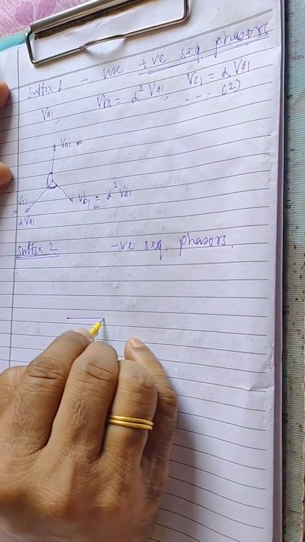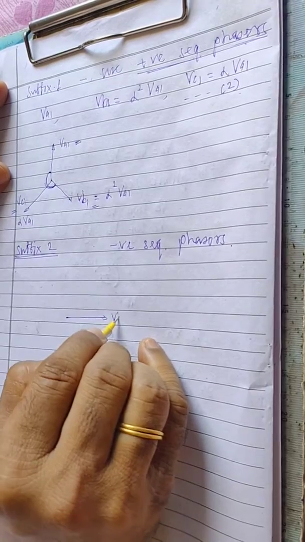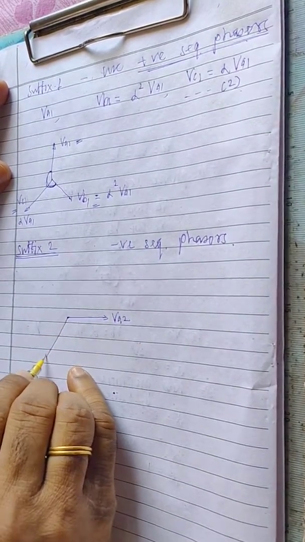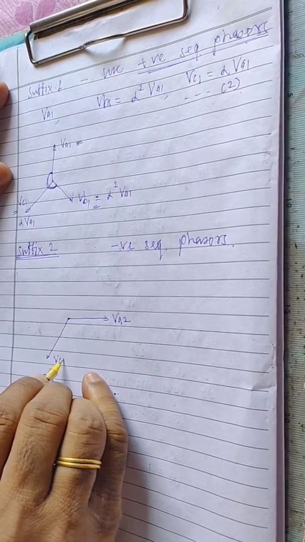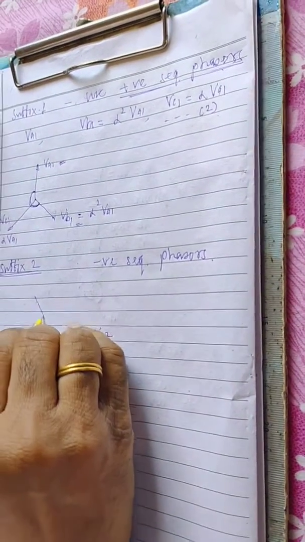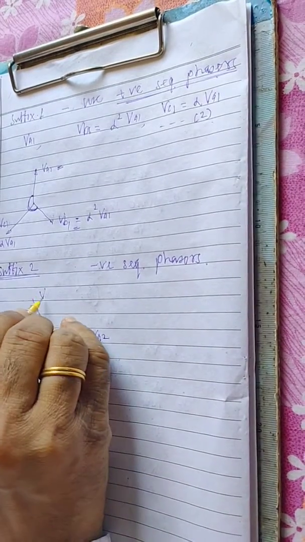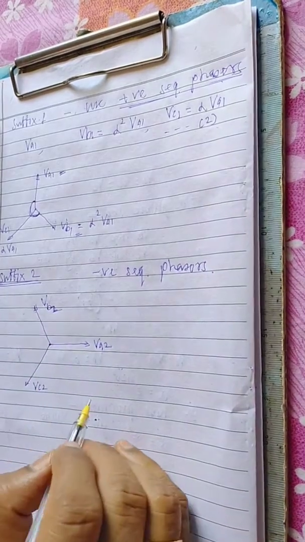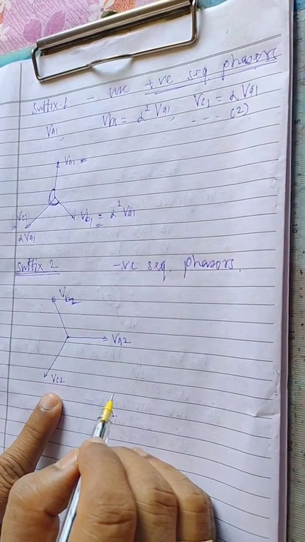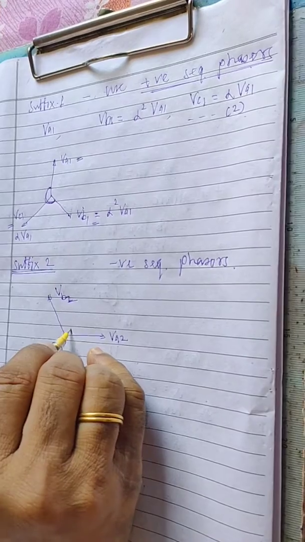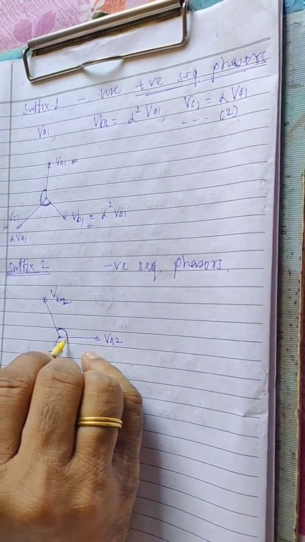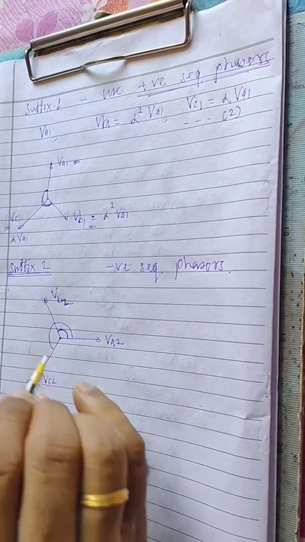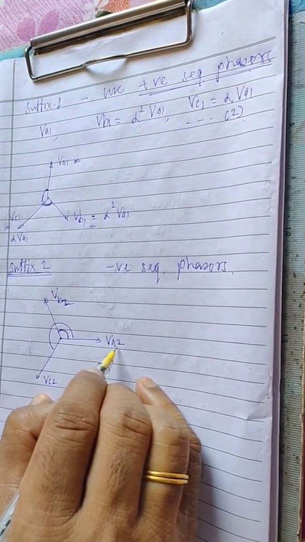This is VA2, the reference, this is VC2 and this is VB2. This is alpha, 120 degrees, and this is alpha square, 240 degrees, from the reference phasor.